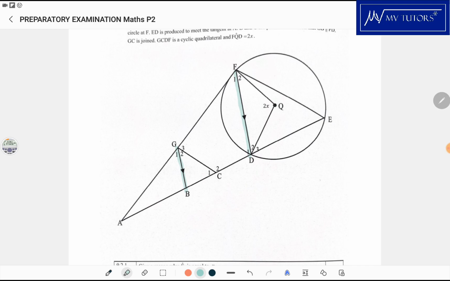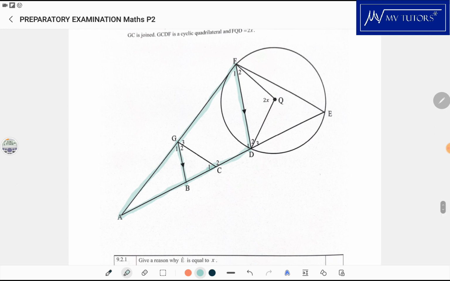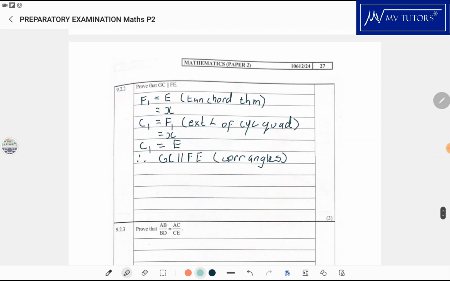Now those two, if I complete the triangle, they come from A to F to D. Okay, so I look at this triangle, I can see that AB over BD is equal to AG over GF. I can see that, so I'm going to write that down.